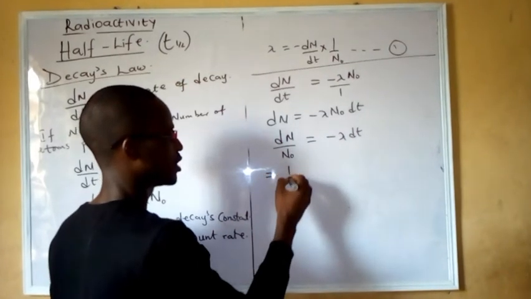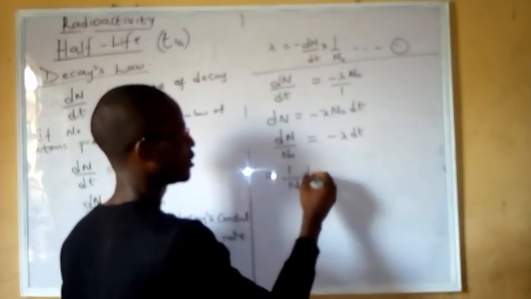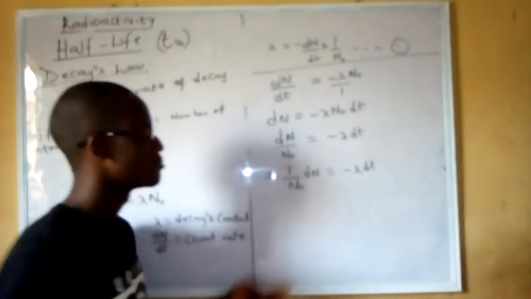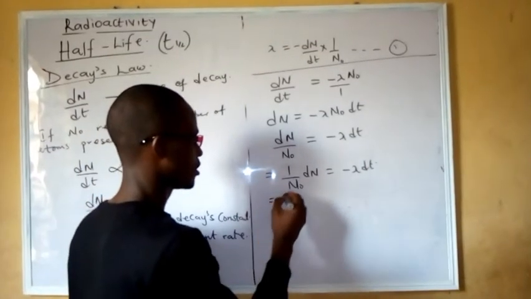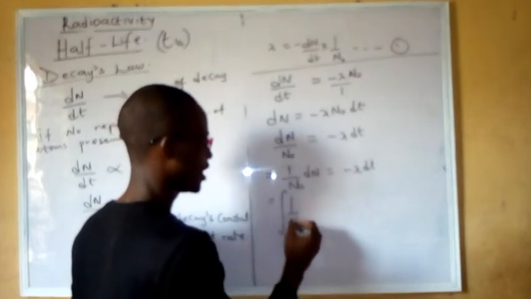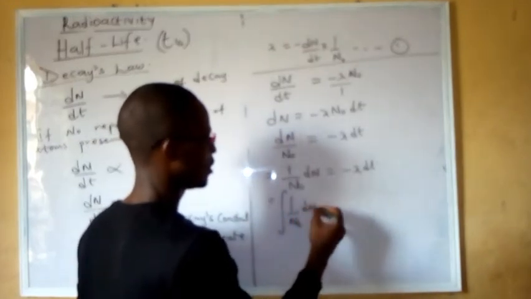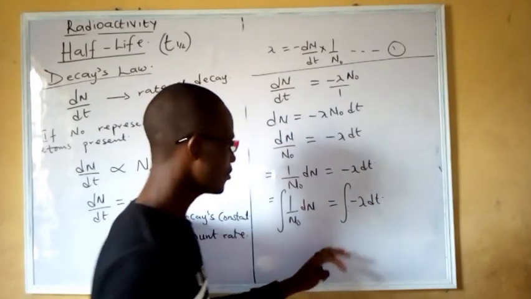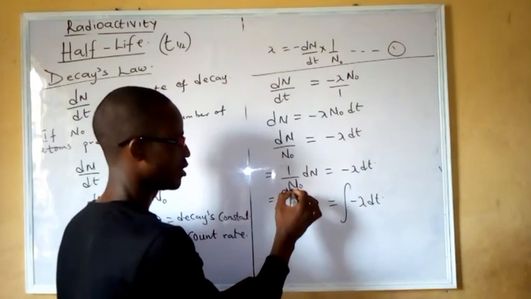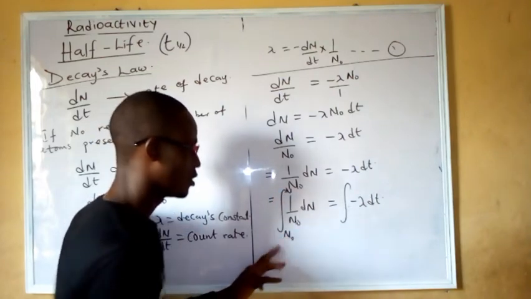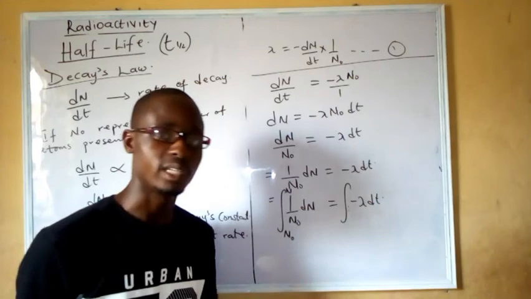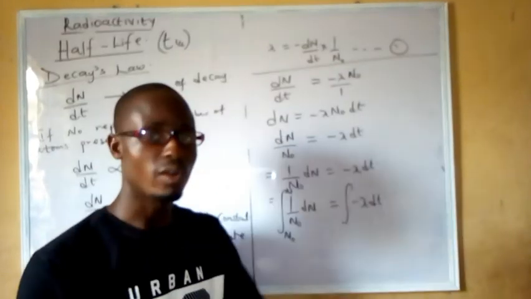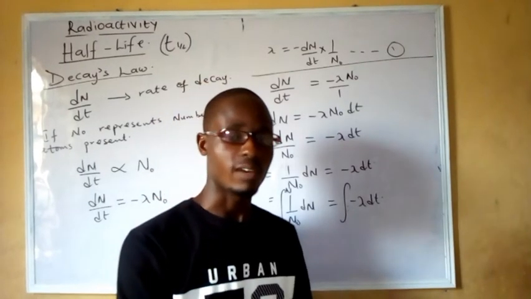So this is the same thing as 1 over N naught dN equals minus lambda dt. So if I integrate both sides, the integral of 1 over N naught dN with the integral of minus lambda dt, taking the limit of this integral from N naught to N. So the lower limit represents the number of atoms present, while N represents the number of atoms that will be left after a series of time.